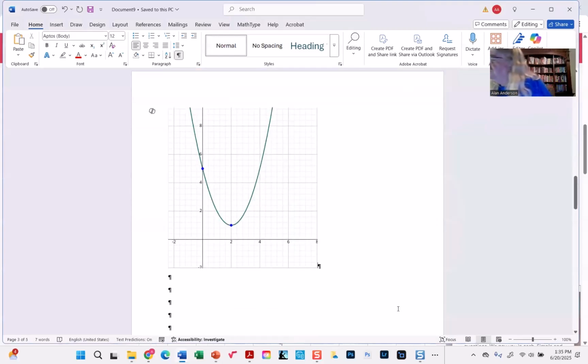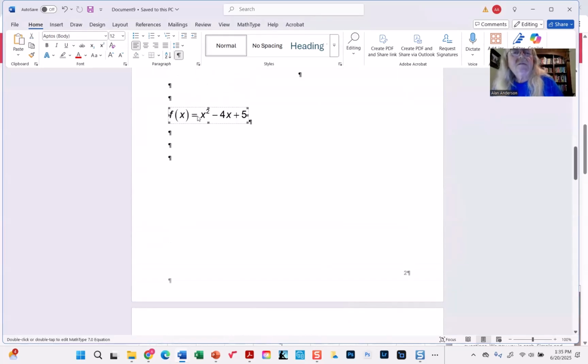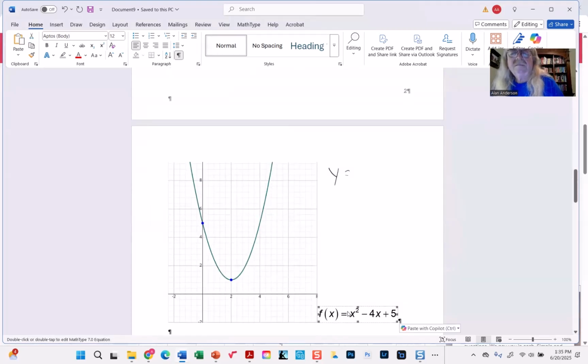So, since the function is here, y equals, all right, let me write it as f of x.